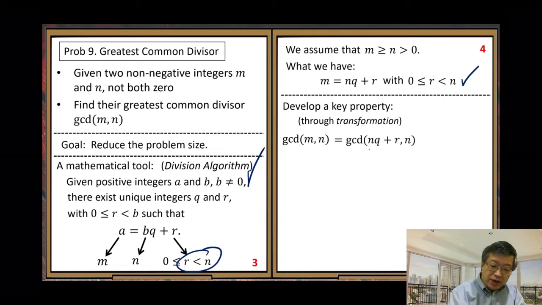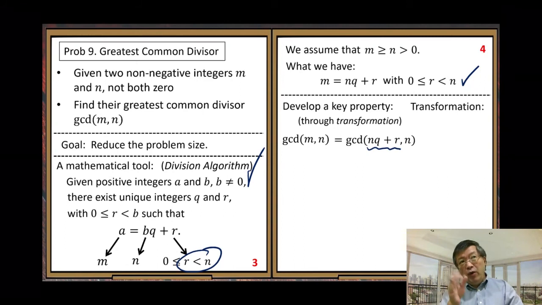So we replace m by nq plus r here. When we do this replacement, we want to simplify the expression.